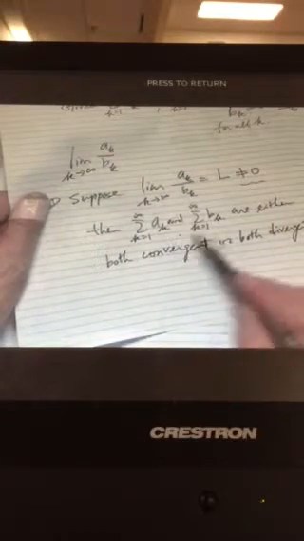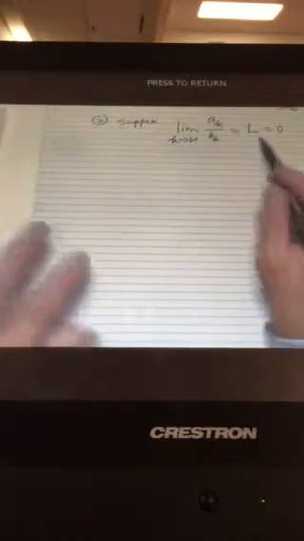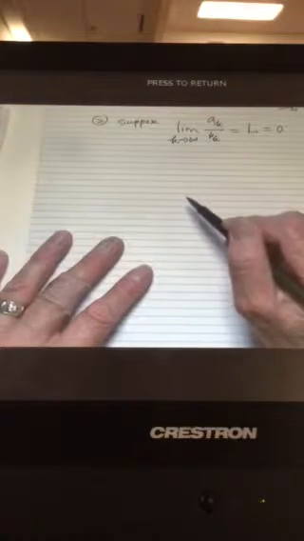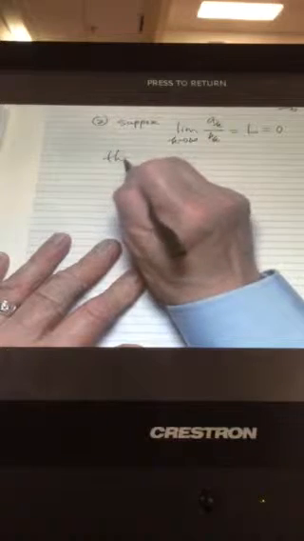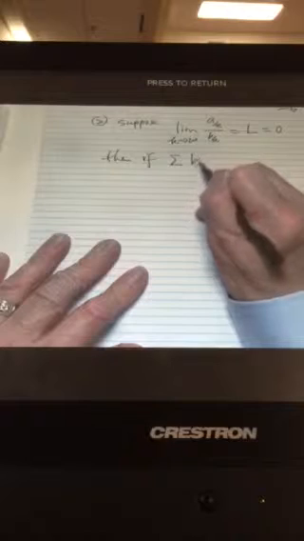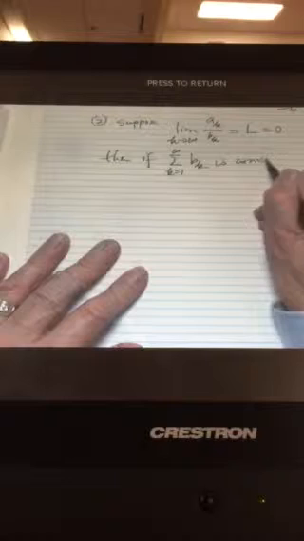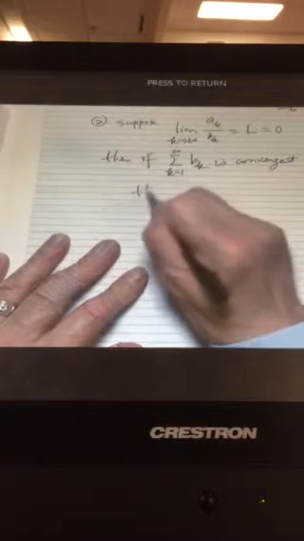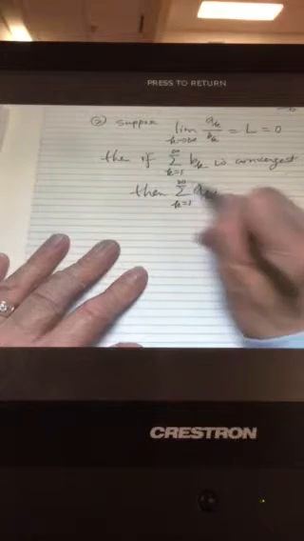Because before we said that it is not 0, it exists and is not 0, and then both are either convergent or both are divergent. Now, what happens if this is equal to 0? Well, if this is equal to 0, then if the series b_k is convergent, then the series a_k is convergent.